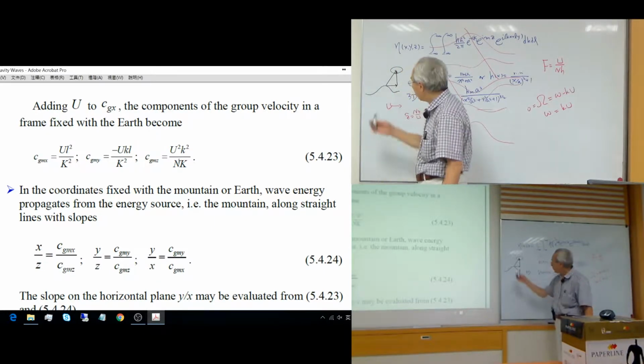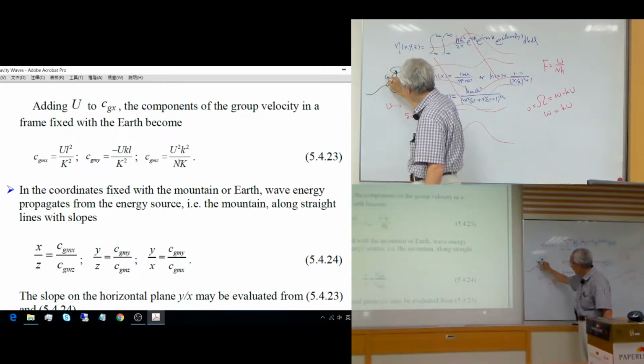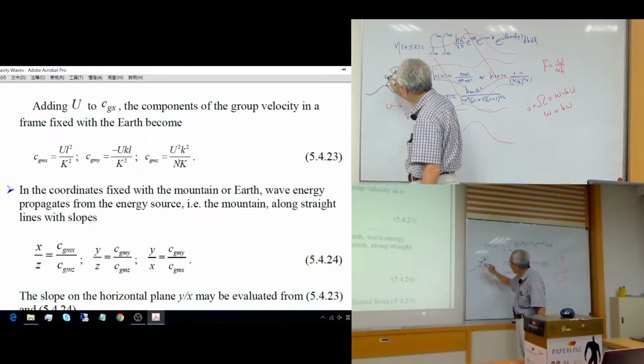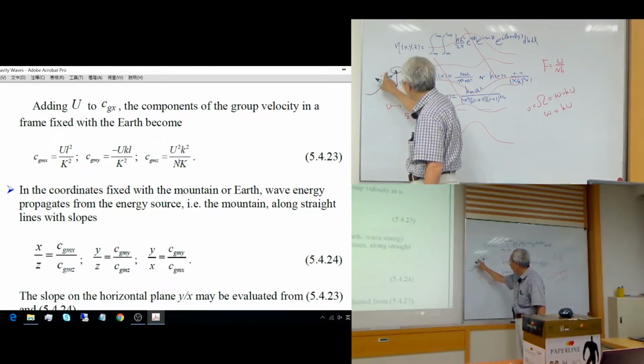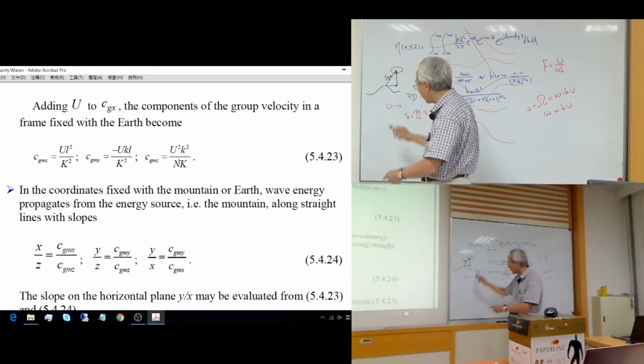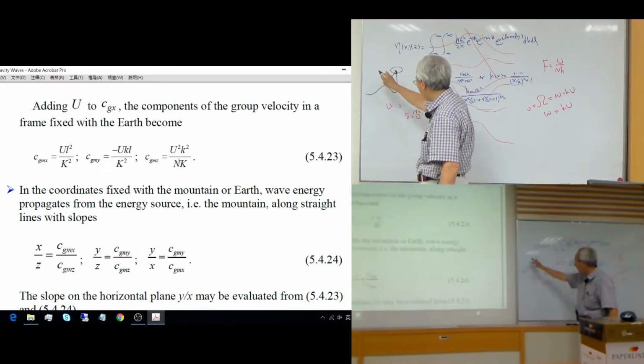It's the group velocity. So this is Cg, like this, Cg m, and this is... Let me do this. Sometimes I write vectors in this way. That's the same as the arrow there.